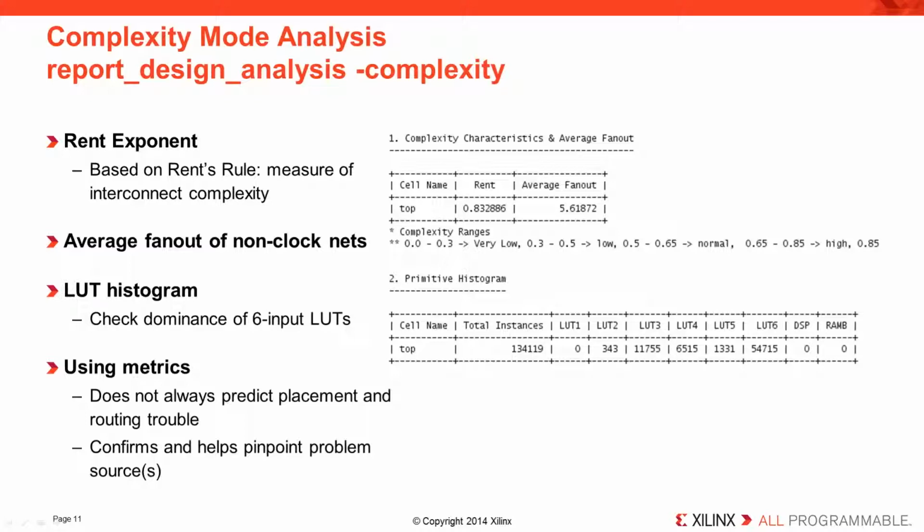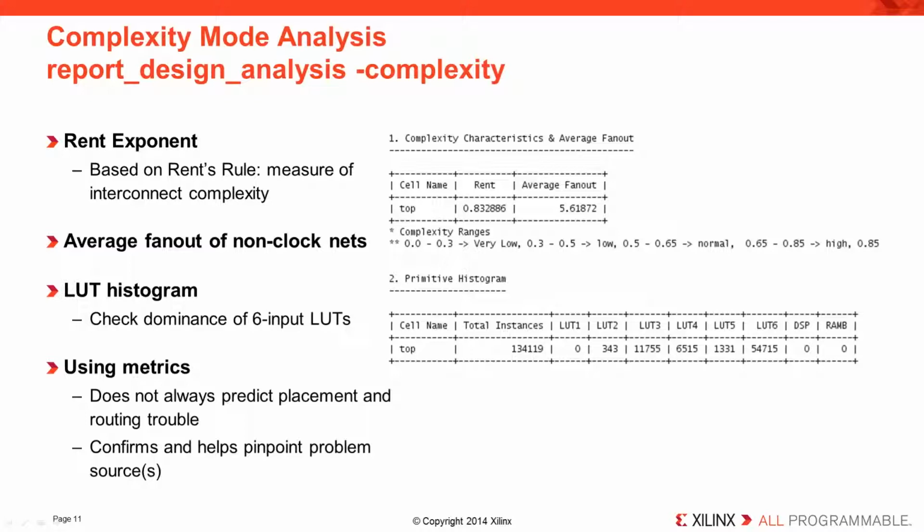The LUT histogram shows the count of LUTs by size, LUT 1, LUT 2, and so on up to LUT 6. A design that heavily uses LUT 6 compared to other LUT sizes and experiences congestion may benefit from exploring synthesis strategies and other options that could result in more balanced LUT size distribution.